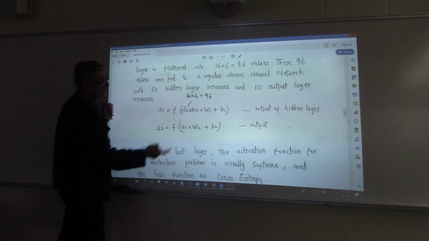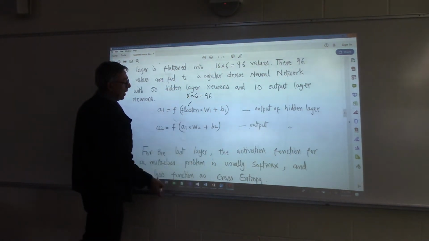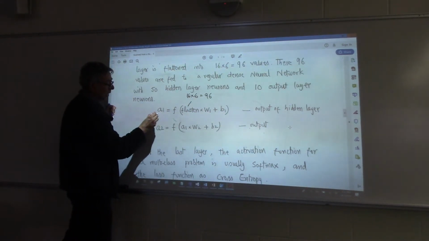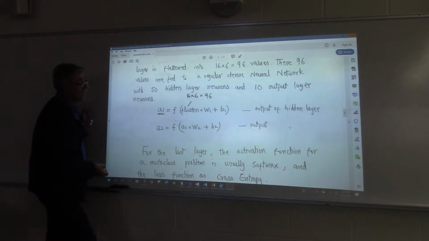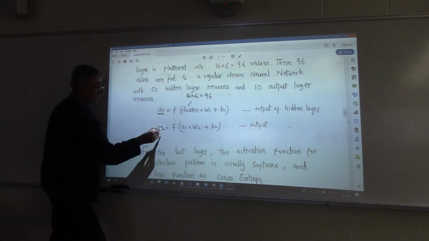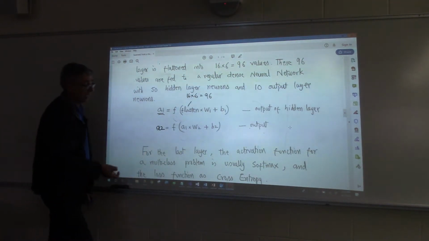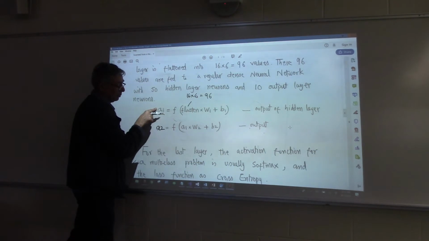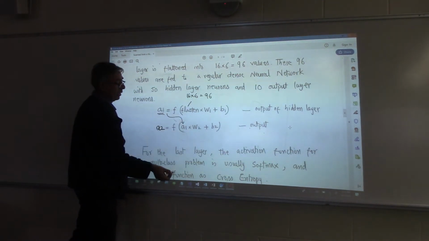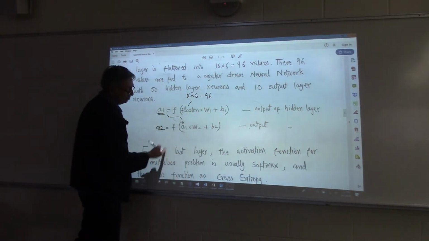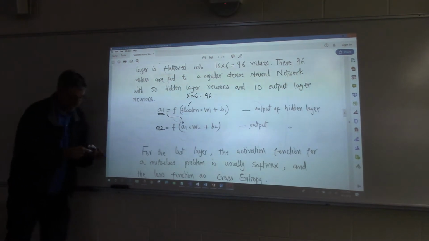So we multiply by the weight plus the bias, apply the activation. So this is the output of the hidden layer, then this is the actual output of the output layer, where the input is coming from the previous layer, correct? Multiplied by the weights, biases, so this is regular, okay?